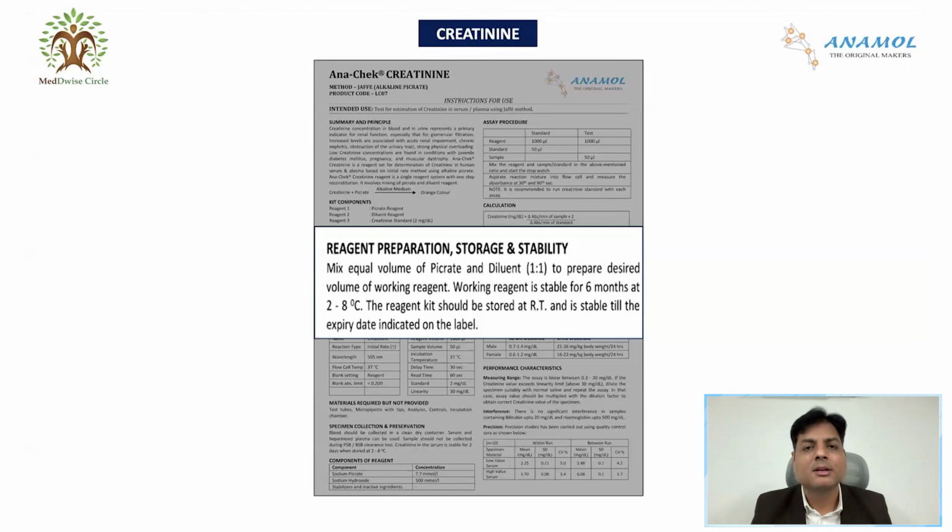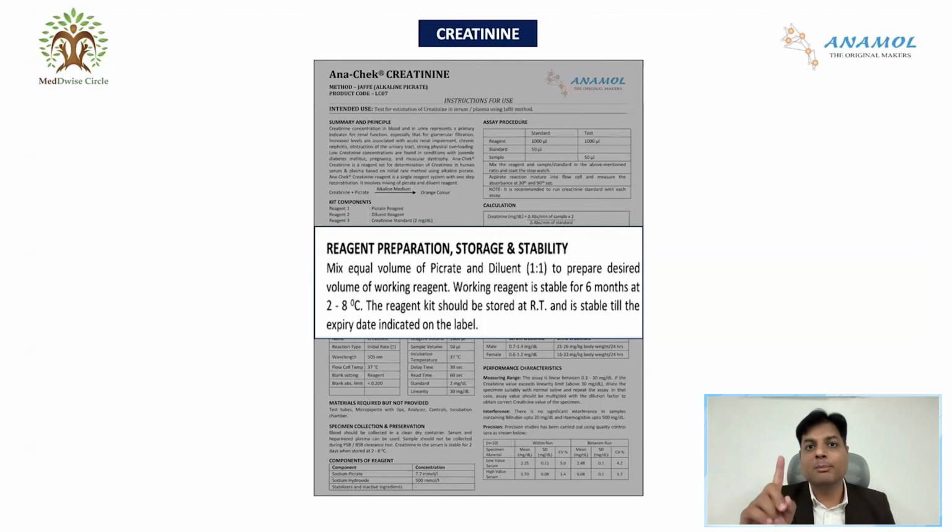For some products, we have to prepare reagent 1 and reagent 2. We have to mix in 4:1 ratio, which means that we have to take 4 parts of reagent 1 and mix with 1 part of reagent 2. Like for example, SGOT or SGPT. In these particular products, we have to mix reagent 1 and reagent 2 in 4:1 ratio.